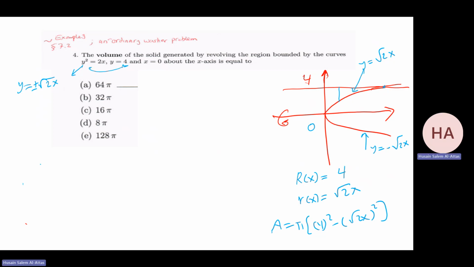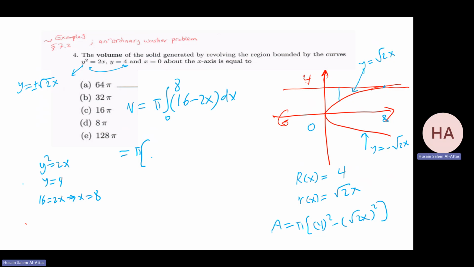Put 4 here, and I need to find the intersection of these two. So plug 4, I have 16 equal 2x, so x equal 8. So this will be 8. So the volume is pi from 0 to 8 of this, which is 16 minus 2x dx.